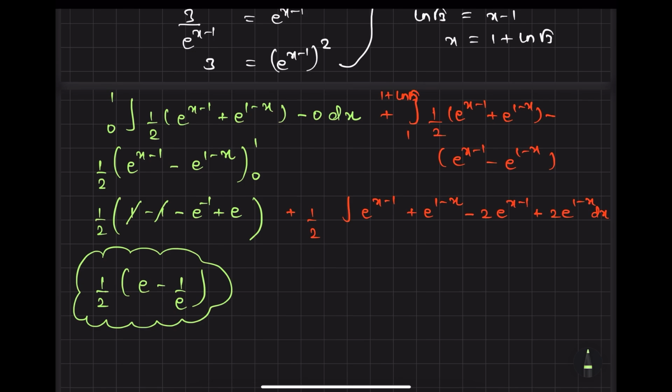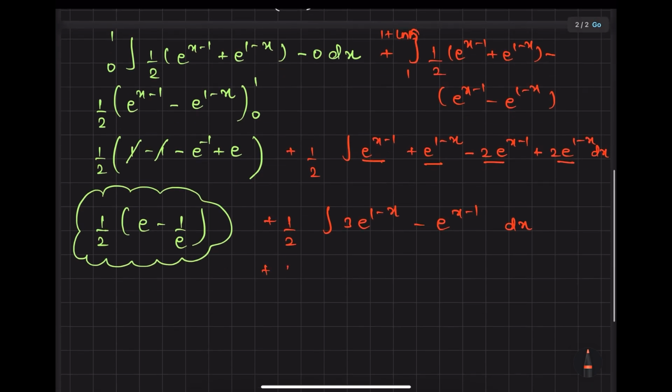Now focus on the red part. Plus 1 by 2, these two things will get clubbed, and these two things will get clubbed. So we are left with 3 times e power 1 minus x minus e power x minus 1 dx.